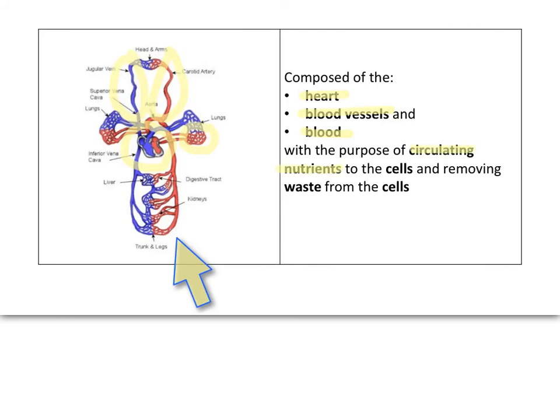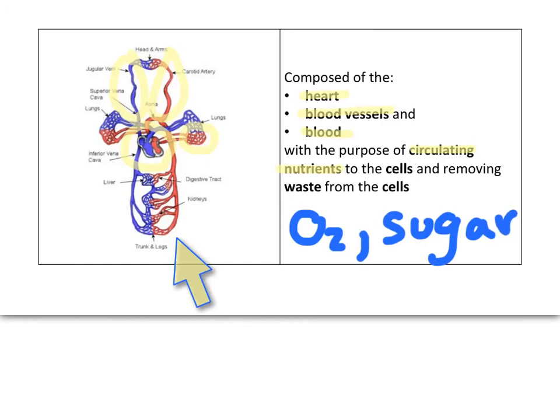When we're talking about nutrients, we're talking about oxygen and sugar, and those are our 2 key nutrients that are circulating, and they're removing waste because cells are living things, so they need certain products, and by that I mean they need oxygen and they need sugar, and the blood takes what the cell doesn't need so it can be removed.